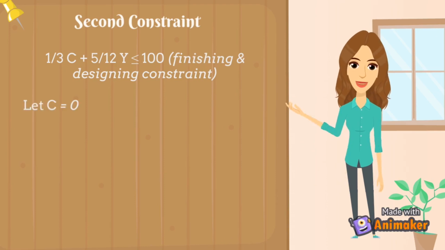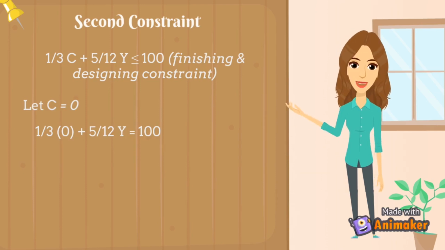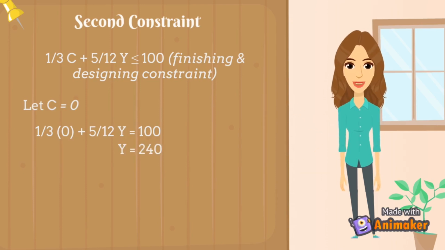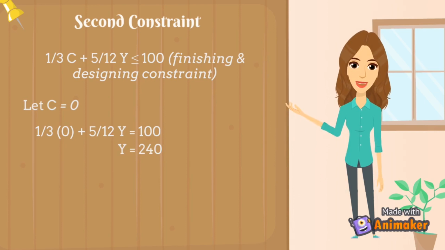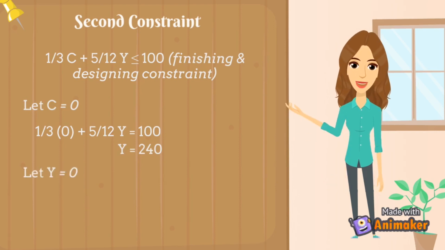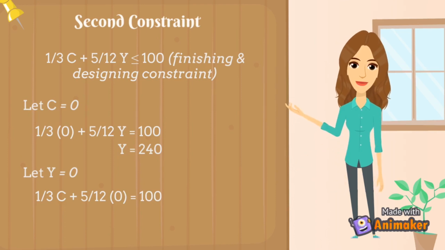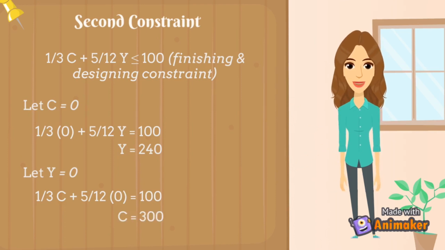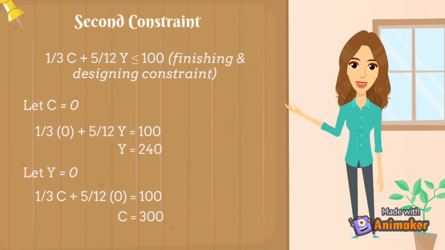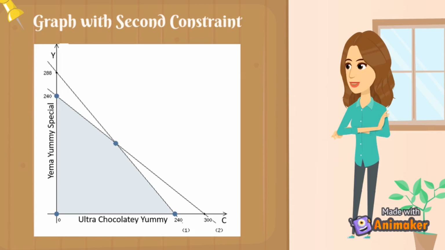So 1/3 times 0 plus 5/12 y is equal to 240. To get the value of c, we will set the value of y to 0. 1/3 c plus 5/12 times 0 is equal to 300. We are now ready to plot the points in the graph in addition to constraint 1. The graph will look like this when we add the constraint line of the finishing and designing constraint.